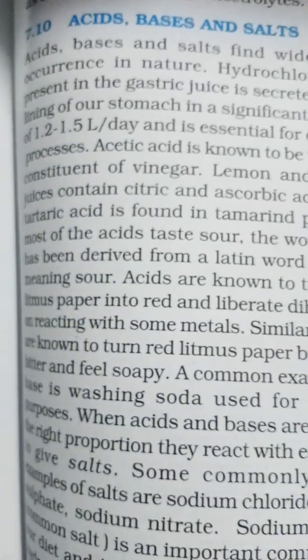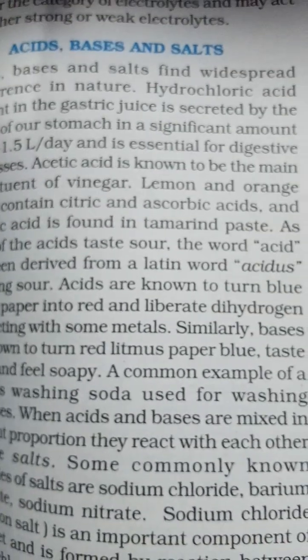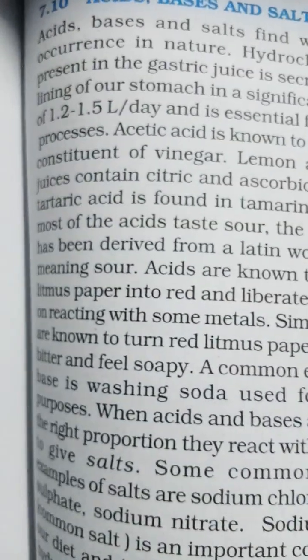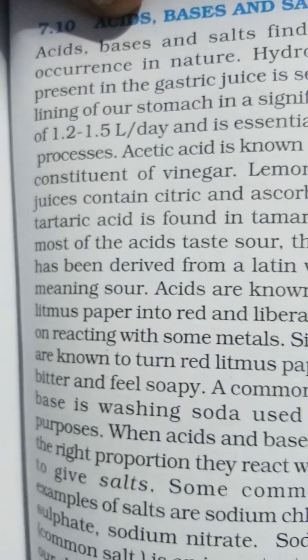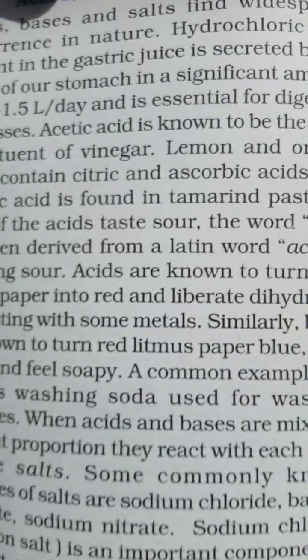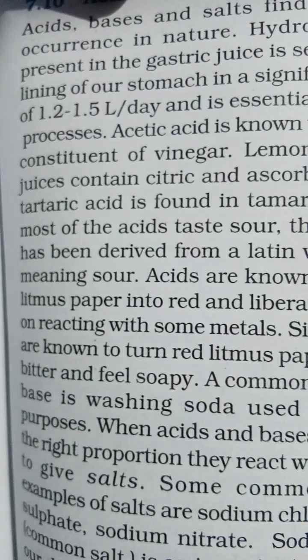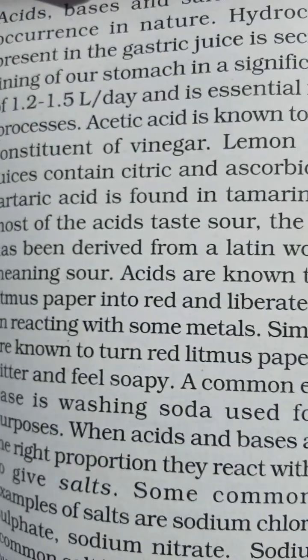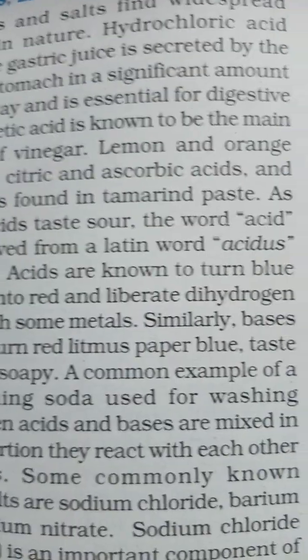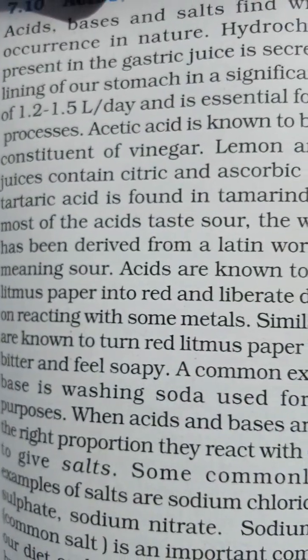Hydrochloric acid present in the gastric juice is secreted by the lining of our stomach in a significant amount of 1.2 to 1.5 liters per day, and is essential for digestive processes.